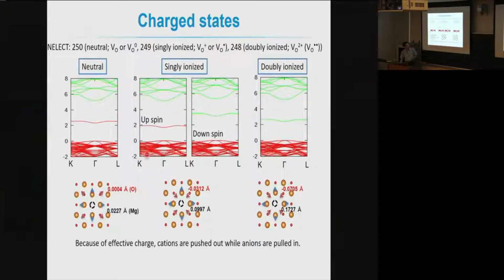In the first case, we saw the neutral oxygen vacancy with its defect level and 2 electrons occupied. You can charge or remove electrons from this oxygen vacancy by changing the number of electrons used in the computation. In the first case, the number of electrons was 250 at the neutral state.